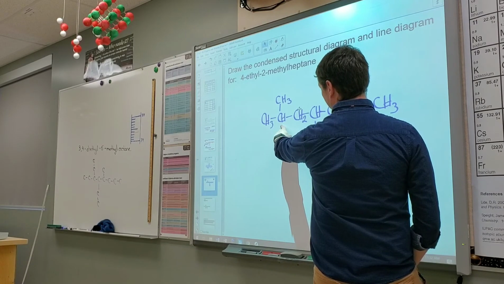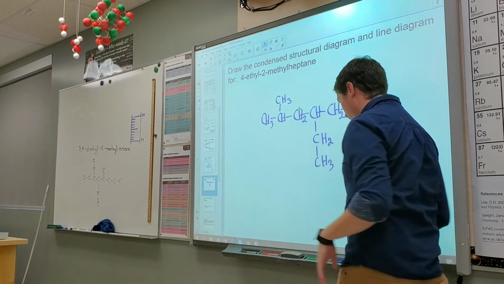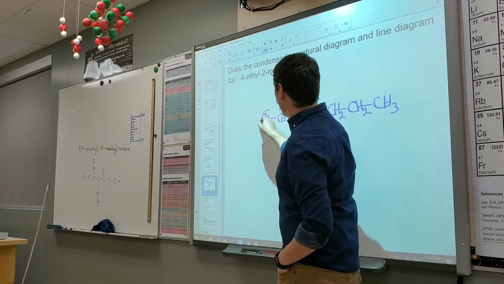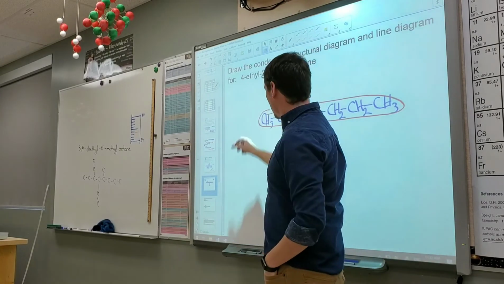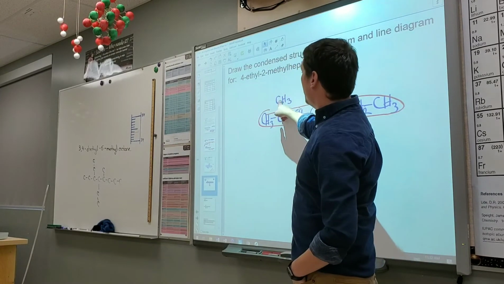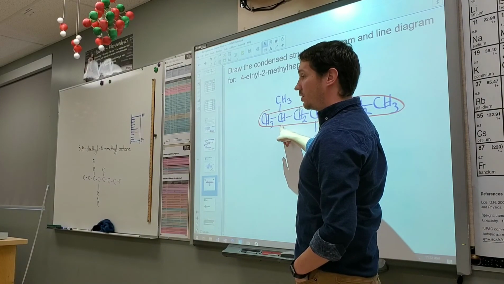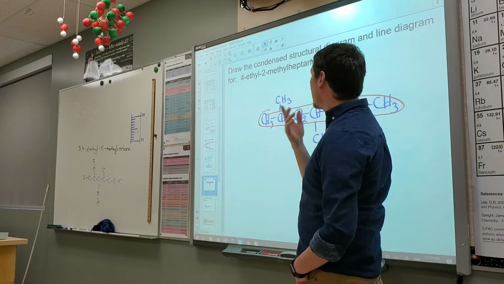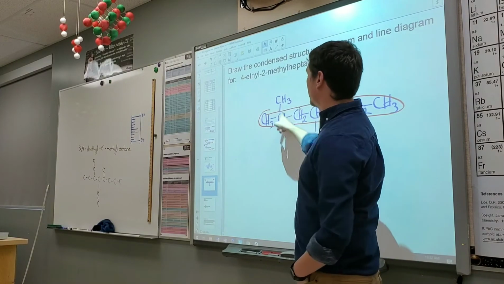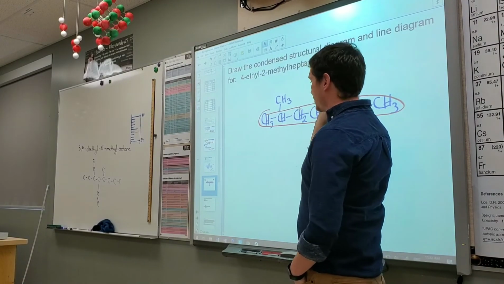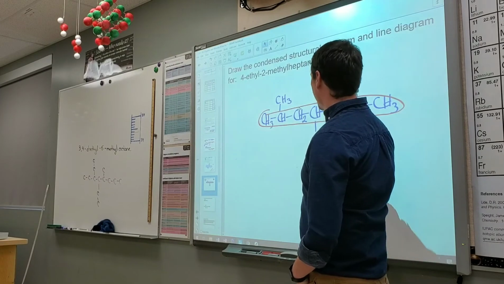How does that work? Because remember, our parent chain is heptane, and I have a methyl attached to 2. Even if this was the parent chain, there's a methyl at 2 and an ethyl at 4.